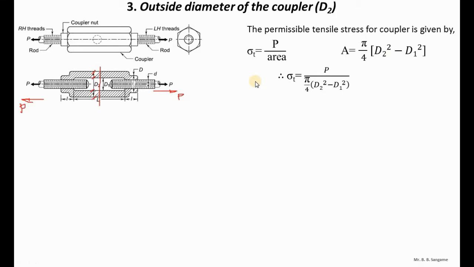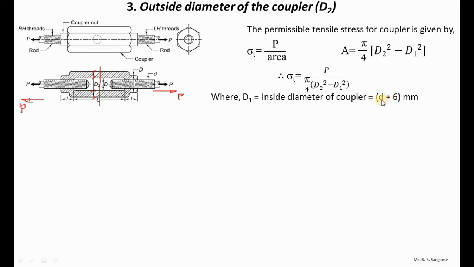Here we can select the value of sigma t, the permissible tensile stress, which is provided in the numerical. We have the value of P, the normal load, which is also provided. We have to calculate d2, so we should have the value of d1, the internal diameter. We can calculate it by using the empirical relation d1 is equal to d plus 6.